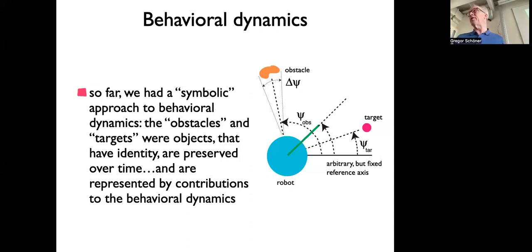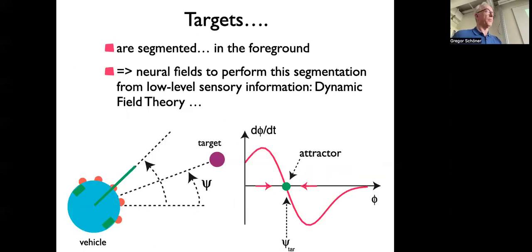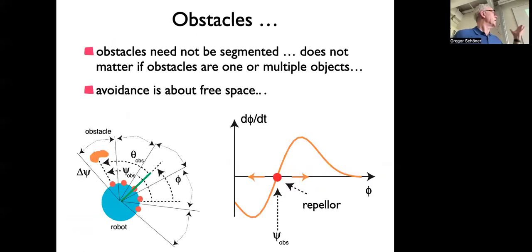Sometimes, very typically, it arises for targets, where you'd have to make decisions like that, what really your target is. For obstacles, it's actually not so obvious you really need that, because as I argued before, you really just need, you could say, well, as long as I know in which directions to be cautious or which directions to avoid, it doesn't really matter if these are different objects.